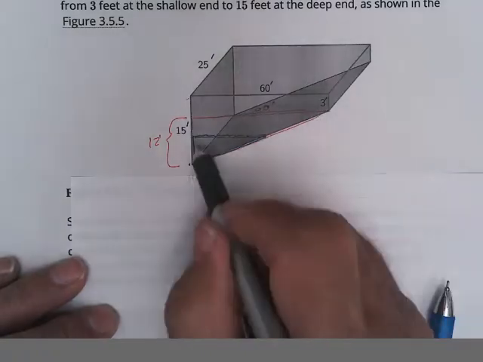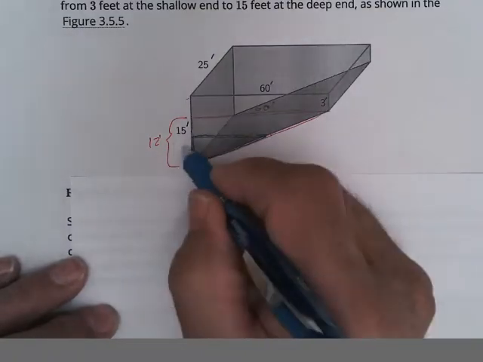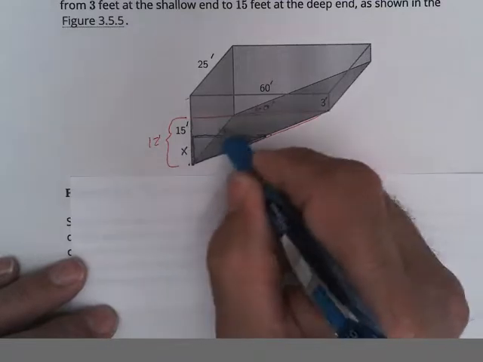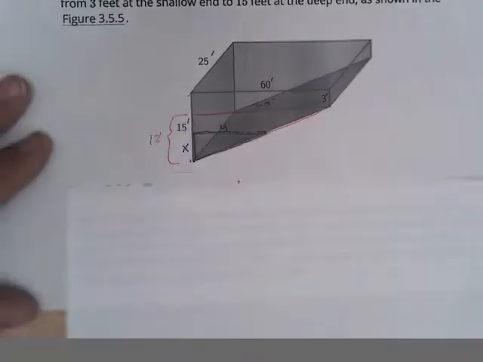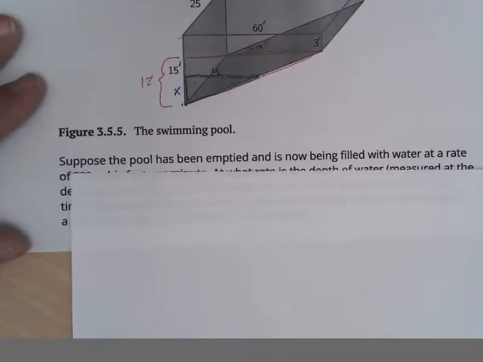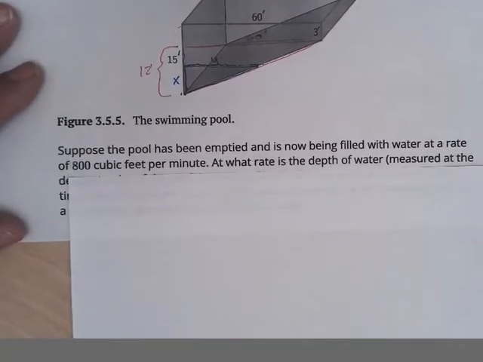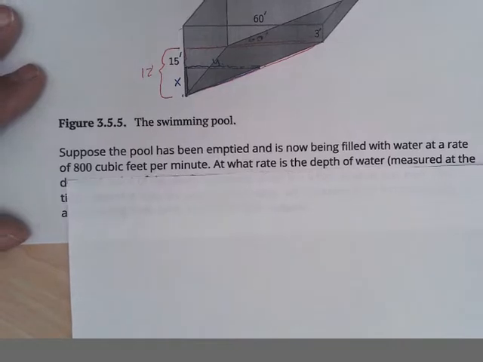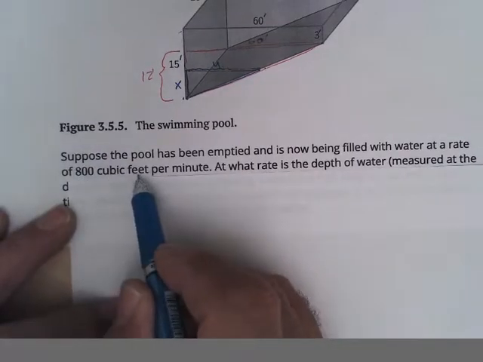And so I've got a triangle here that's going to be proportional to this one that's changing, which I can call this maybe X and Y or H and something, whatever. And suppose the pool has been emptied, and is now being filled with water at a rate of 800 cubic feet per minute.